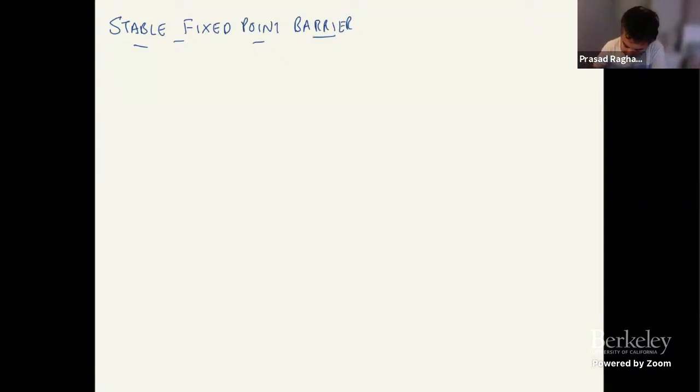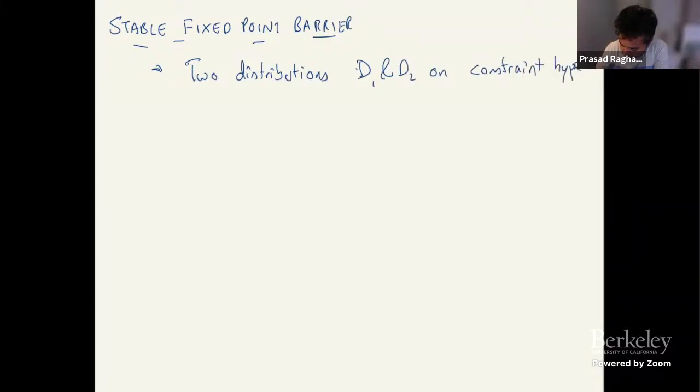Okay, so you can say that it says that two distributions, D1 and D2, on constrained graphs, on constrained hypergraphs, are indistinguishable.